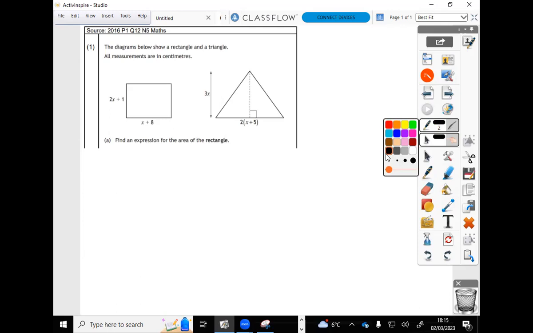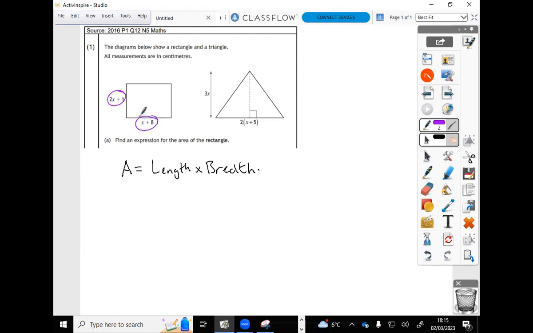Part A of it is find an expression for the area of a rectangle. Now, we should know that the area of a rectangle is length times the breadth. The length for this rectangle, they've given us an expression: 2x plus 1, and the breadth is x plus 8.